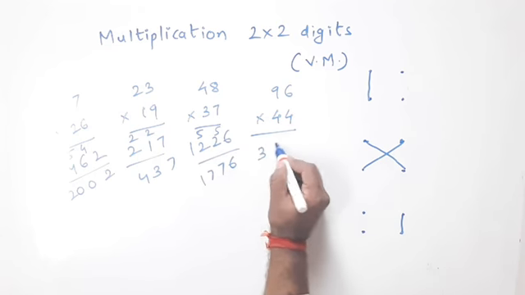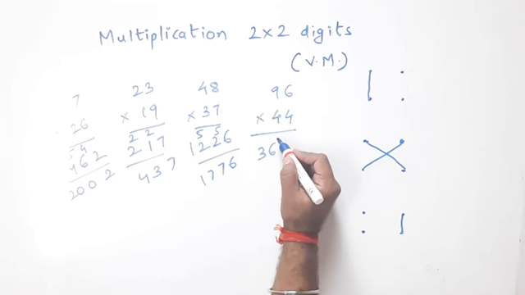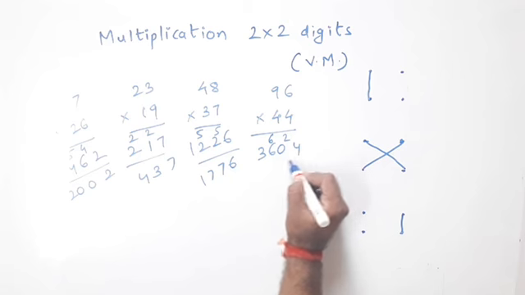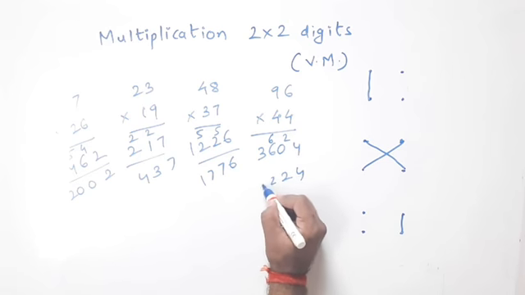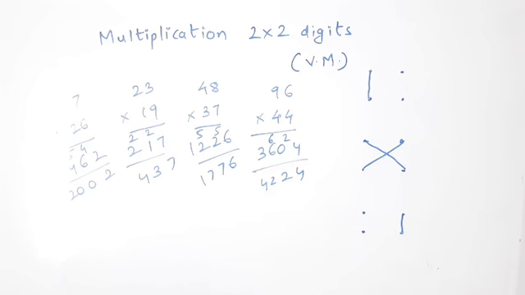This is 36, again 36 plus 24, 60, and this is again 24, 4, 2, 12, 4, 4, 2, 2, 4.